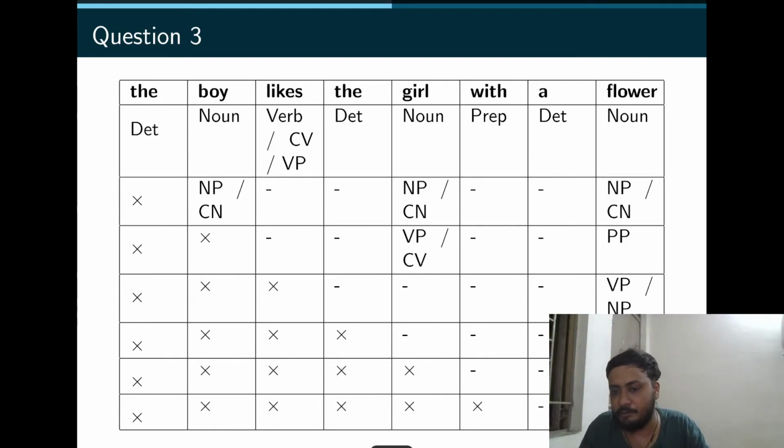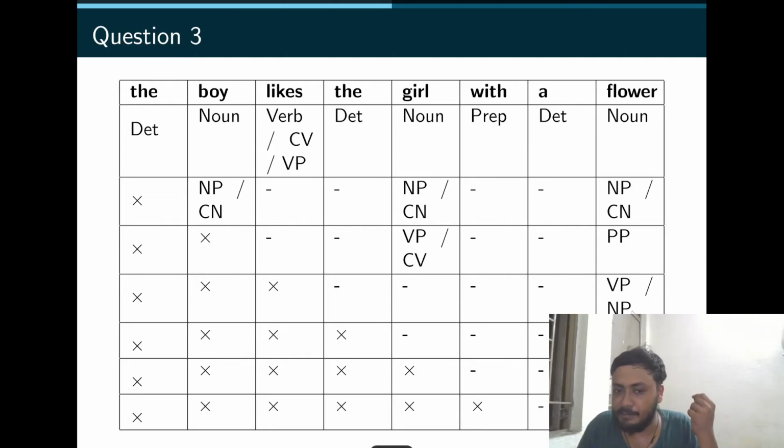When we are looking at combining them, you have to look at the possible combinations both at this level and any level above it. That is why CV and PP gave VP and CN and PP gave NP. So both these rules got reduced over here, but they are coming from two different levels.